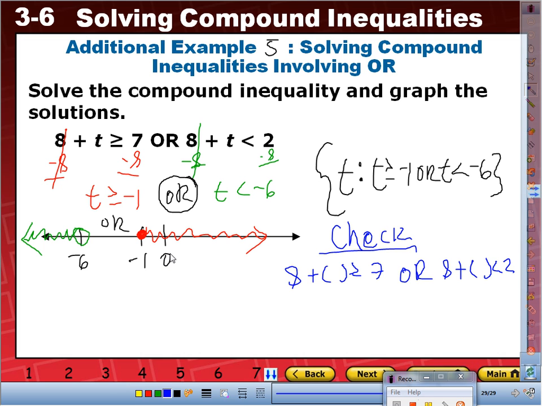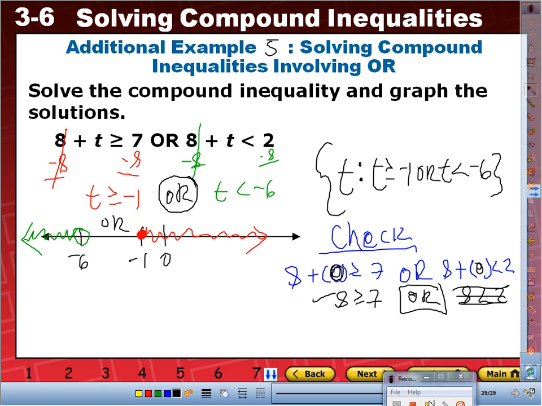Okay, I'm going to use 0. I'm going to substitute 0 here and 0 here. So let's see. 8 plus 0 is 8 greater than or equal to 7, or 8 is less than 2. Is 8 greater than or equal to 7? Yes. Or is 8 less than 2? No. But as long as one of them is true, that's what the or means. Are we there so far? Okay? That's how we check this.